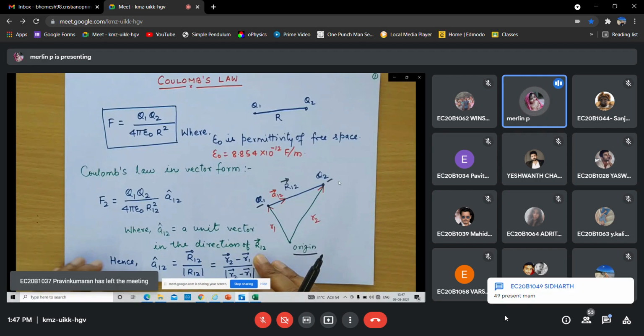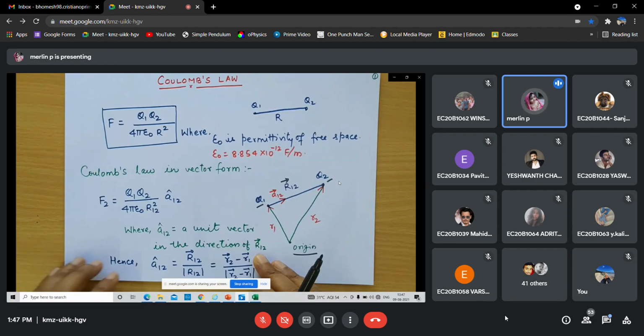R12 means R2 minus R1. Anything in vector form means we have to subtract the first given number from the last given number. R12 means R2 minus R1. If suppose R23, that means R3 minus R2. That is how we will write this. If we have it in vector form, you have to write it like this only.